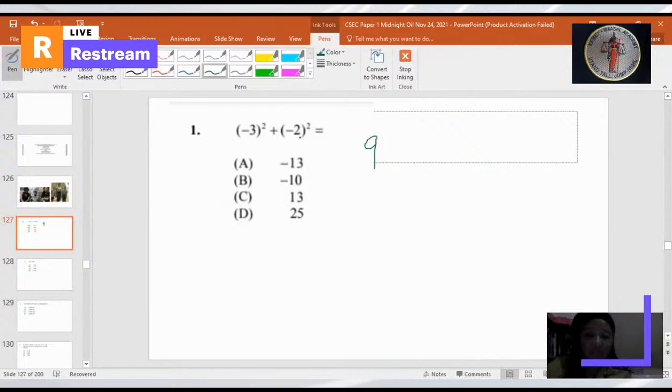And (-2) squared, when you square a negative number, it gives you a positive number. So that's +4. 9 plus 4, that's going to give 13. And that is C. So for number 1, the answer is C.